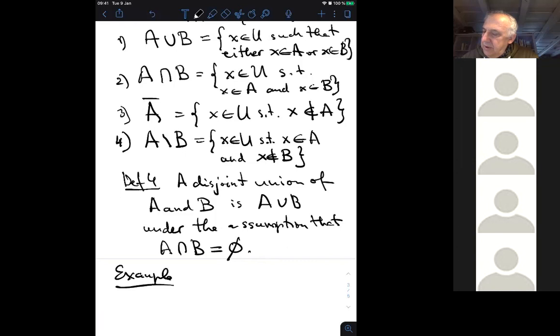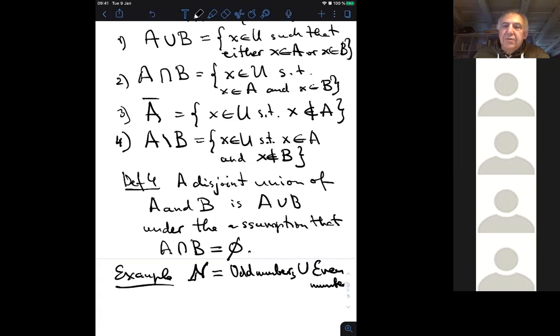Example: N, the set of natural numbers, is a disjoint union of odd numbers union even numbers. Any positive integer is either odd or even, but also the intersection of the set of all odd and even numbers is empty.